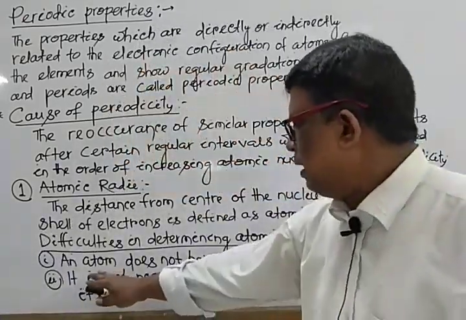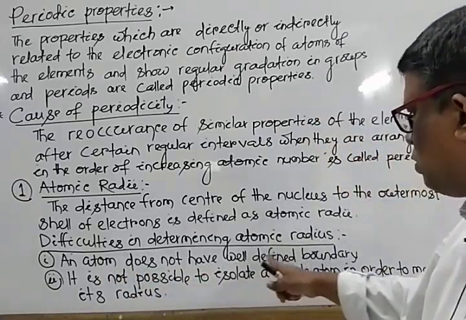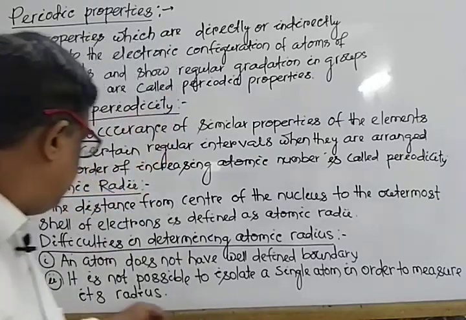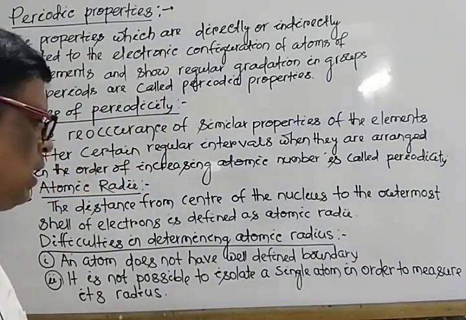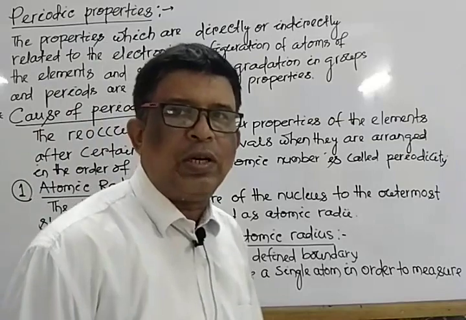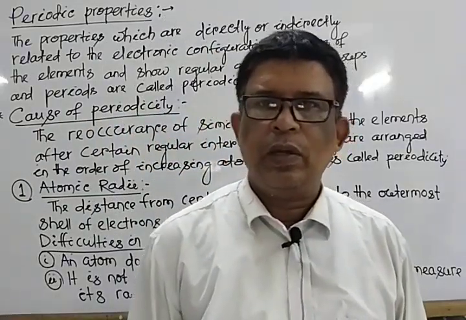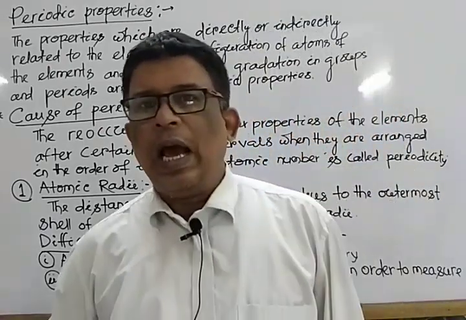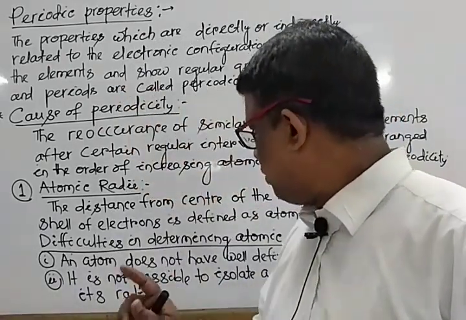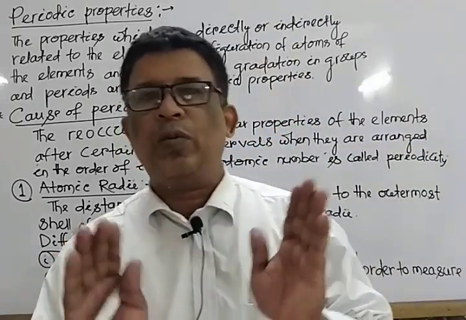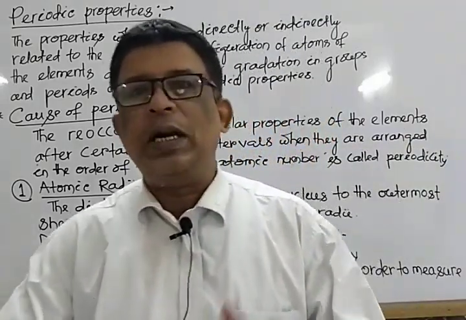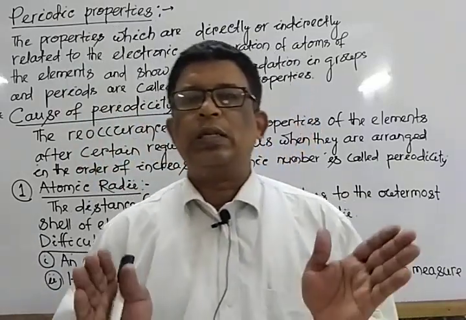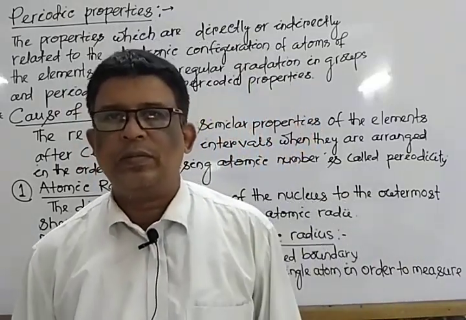Mark that point. What are the difficulties? An atom does not have a well-defined boundary. Second one is, it is not possible to isolate a single atom in order to measure its atomic radii. Important one. And also, if we discuss different cases, different types of bonding, the atomic radii are also different.